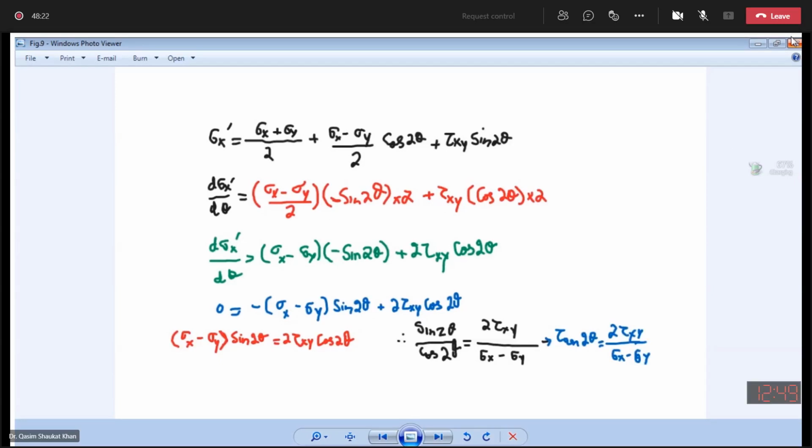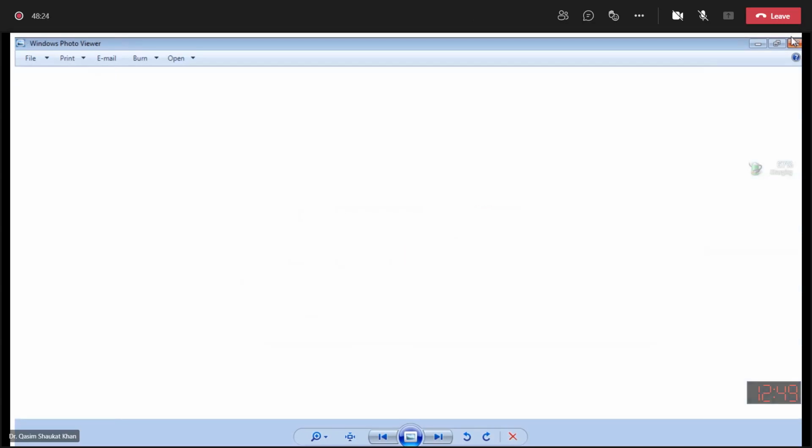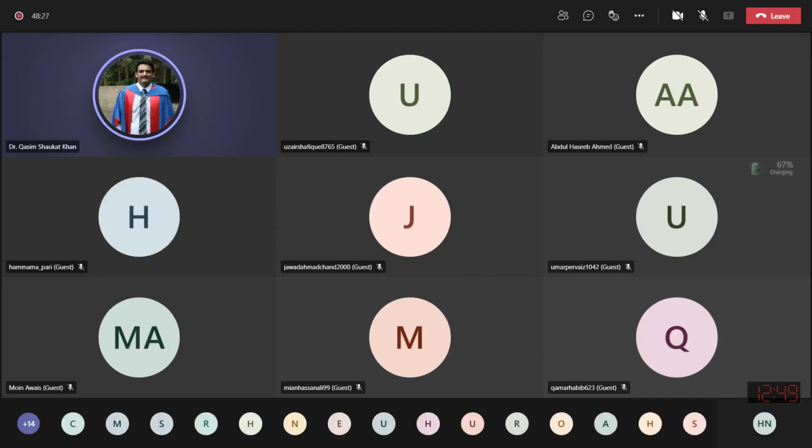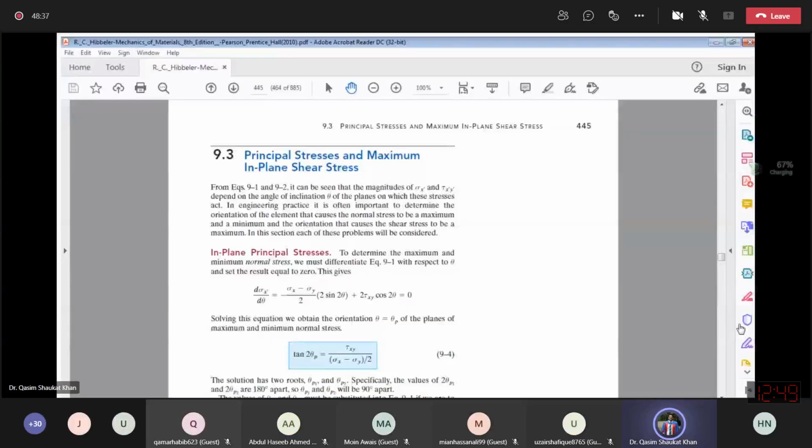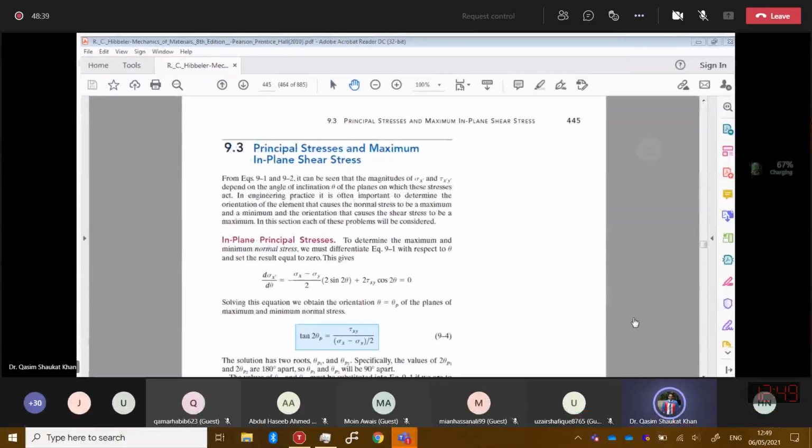If this is clear, then we will go back to the book. Everyone can see this?